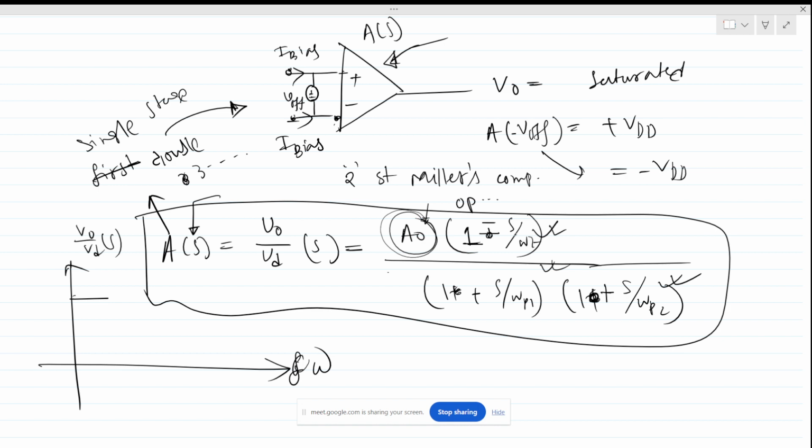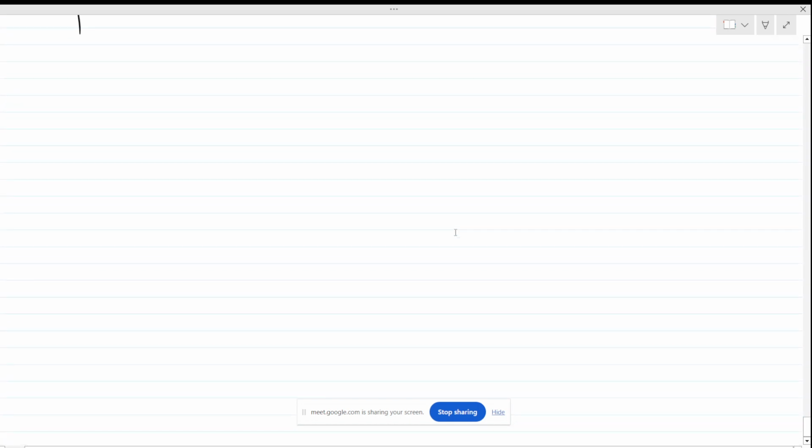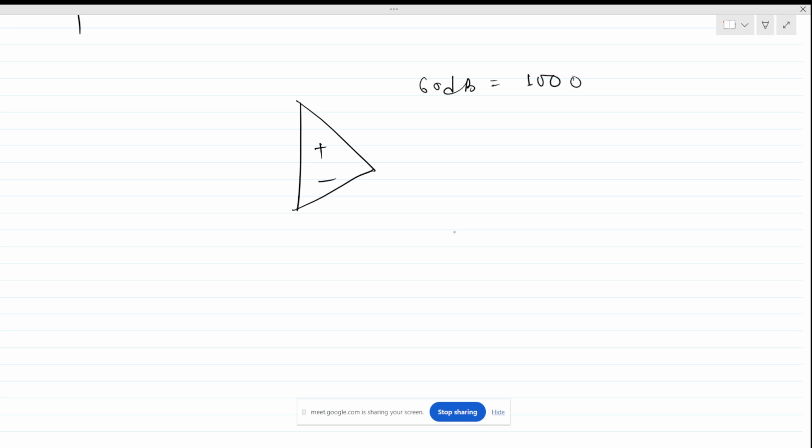So now let's make a circuit. We have a DC gain of, let's say, 60 dB. 60 dB means 1000 in linear. Actually in a practical circuit we don't need this type of gain. We do feedback, mainly negative feedback, to make the circuit more controlled.